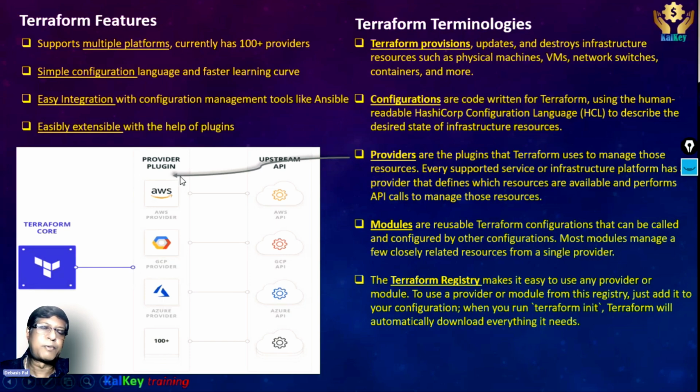You need a provider plugin, which will be downloaded according to your cloud, and that's all. The respective API calls depend on the plugins that you are using. So it will not build your resources over GCP if you are using AWS plugins. It will directly do it over AWS Cloud.